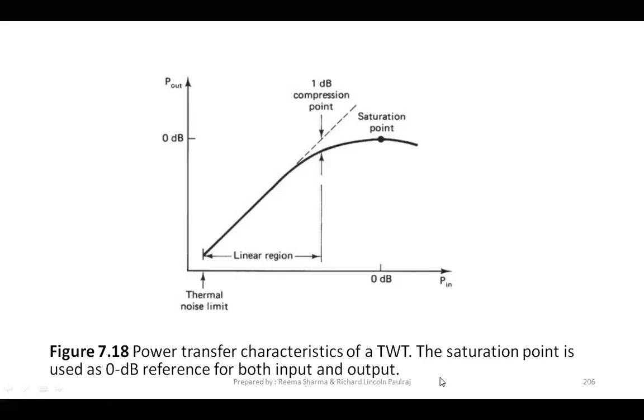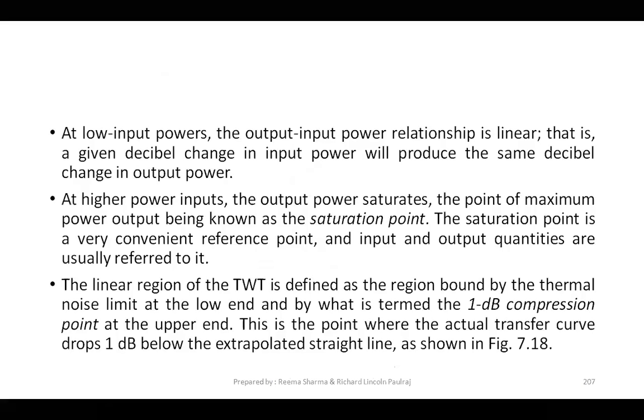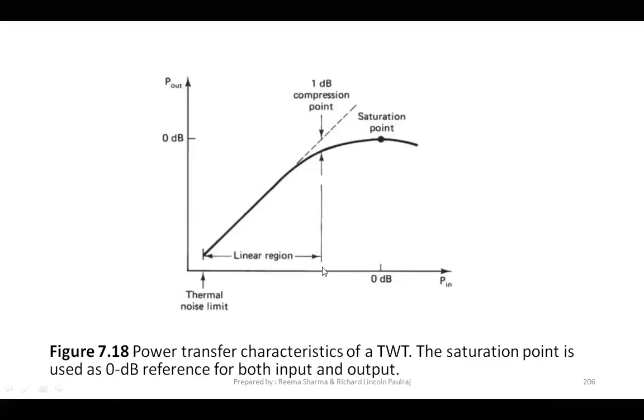The saturation point is used as the 0 dB reference, both for input and output. So the electrons are energized up to here, and as it proceeds, it gets into something called a saturation point. At low input powers, the output-input power relationship is linear. Whenever my input powers are lower, they are going to be in the linear form.